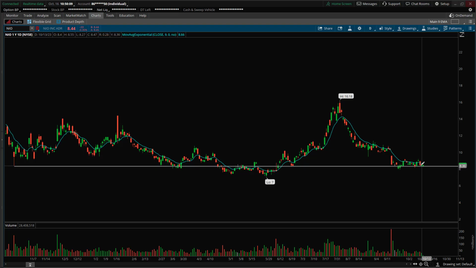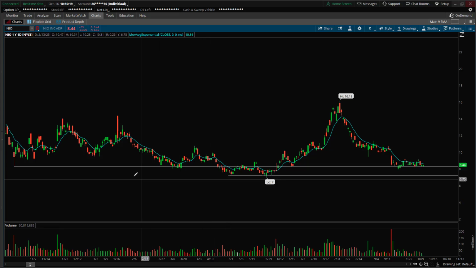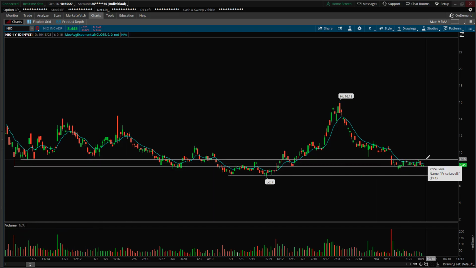Look where price is right now. And look at this consolidation where it's been moving right over in here. When I click on it right here, you see where it goes out and it affects the future right here. So that's really what you want to do.